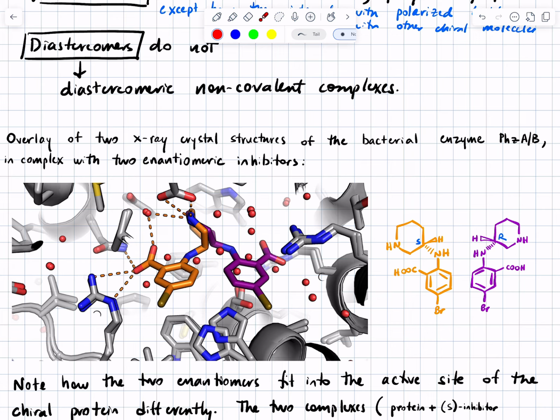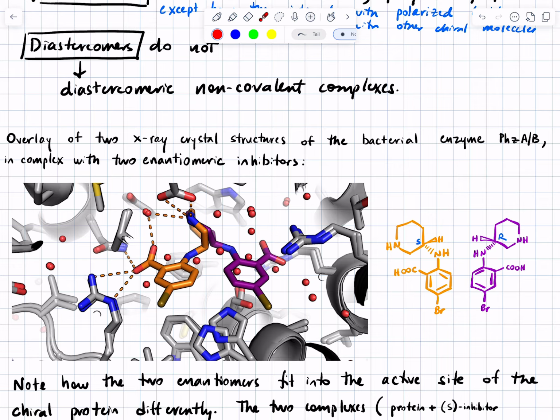And conceptually, this is exactly the same as we talked about last time with the handshakes, right? Your hand is chiral. You shake somebody else's right hand with your right hand. That is one diastereomer of a handshake. You shake somebody's left hand with your right hand, and that is an entirely different enantiomer, right?